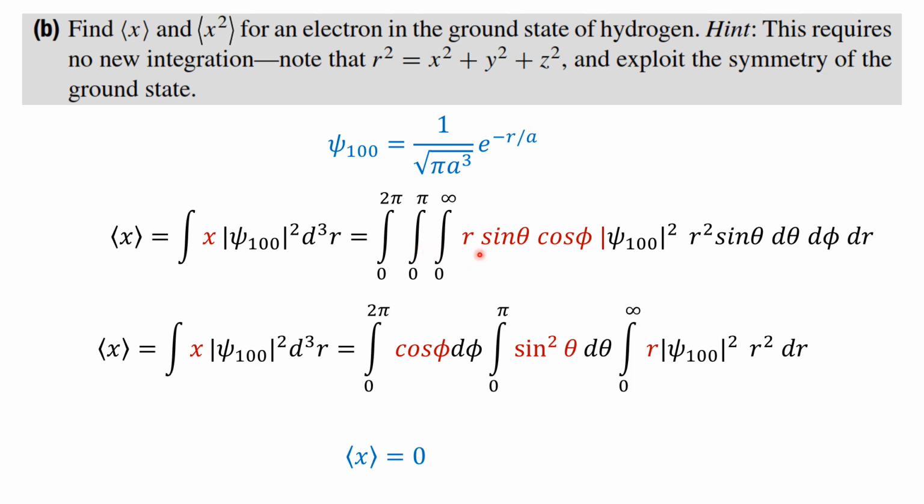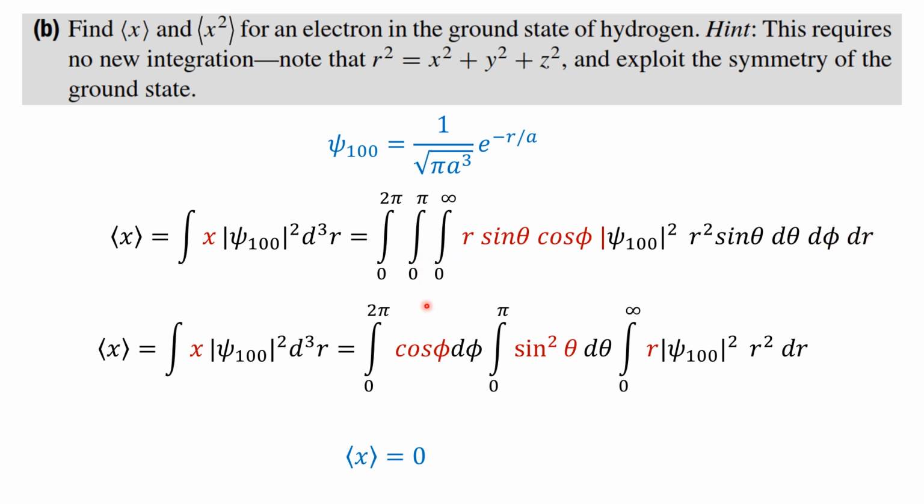So you can expand this integral between 0 to 2 pi, 0 to pi, 0 to infinity. By definition in spherical polar coordinates, x is equal to r sine theta cos phi, and d3r we write as r squared sine theta dr d theta d phi.